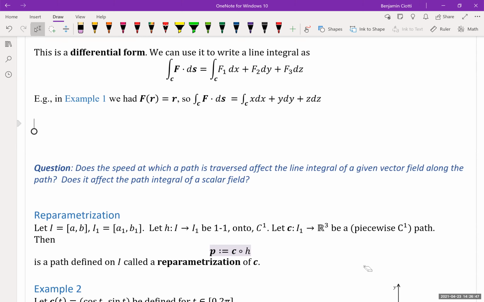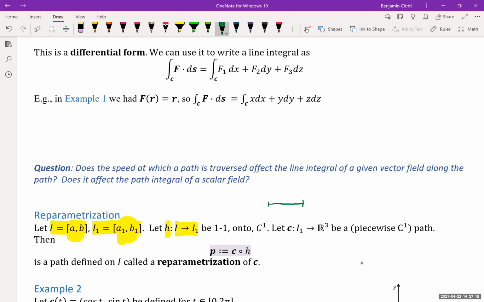So, reparametrizations. Suppose that we have two intervals, I and I1, okay? I is the interval [a, b], I1 is the interval [a1, b1]. And we have some function which goes from the first interval to the second interval. So maybe I should draw them.